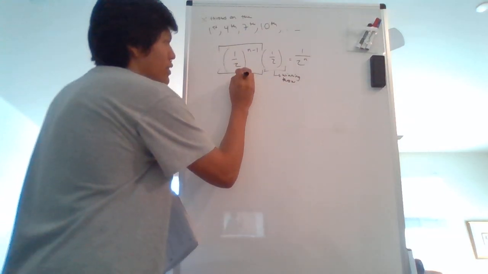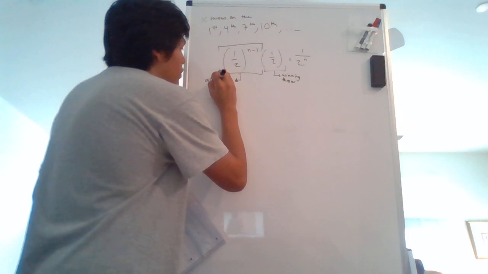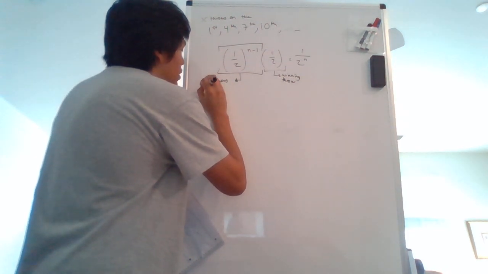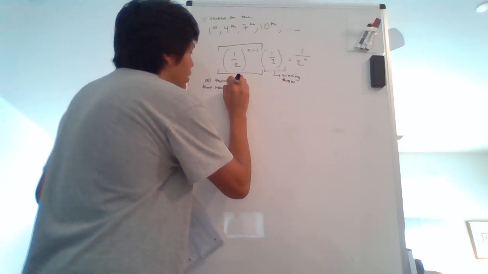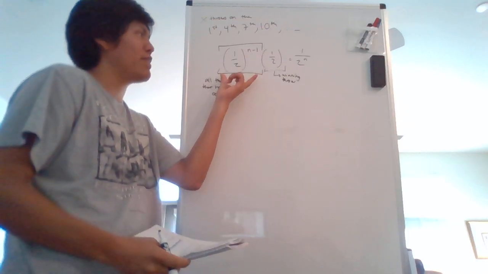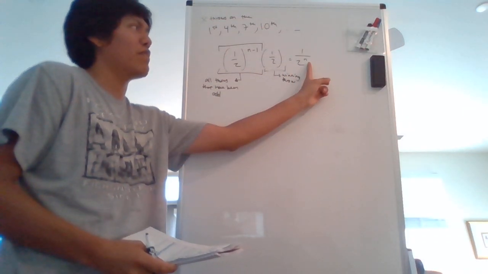And like I said, this represents all throws that have been odd. So we're multiplying all of these odd throws that we've thrown times the winning throw, which gives us this.